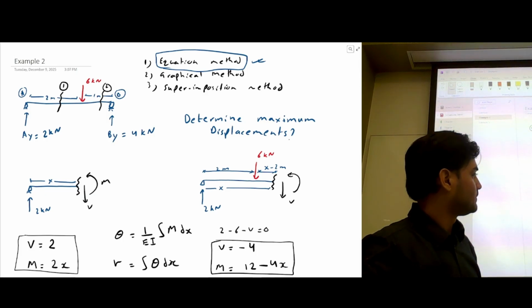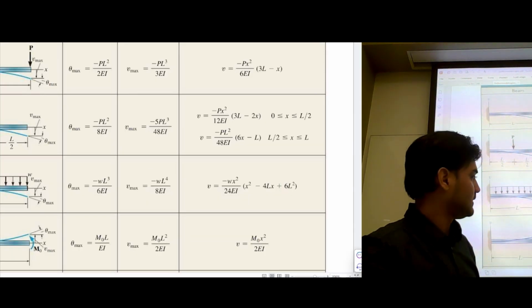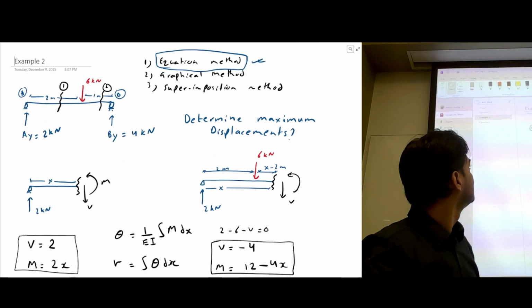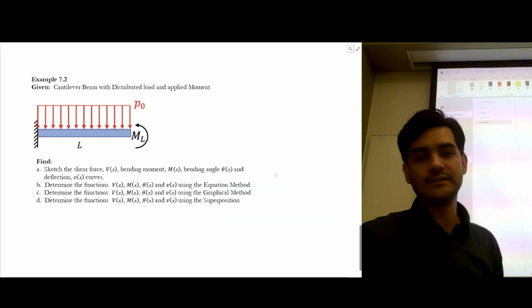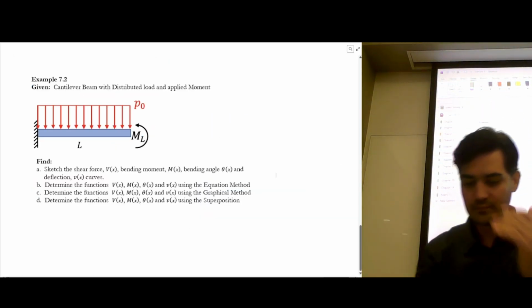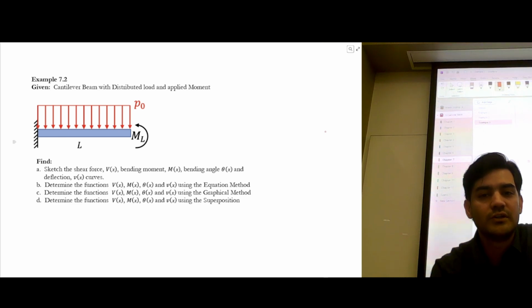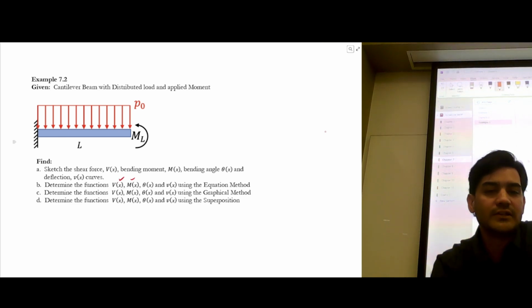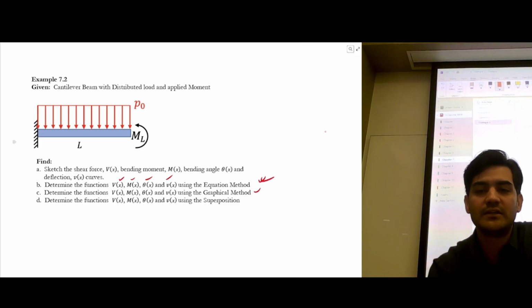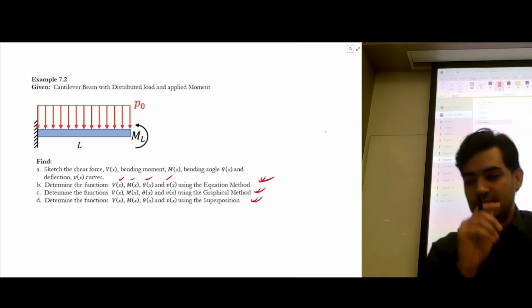So let's start working on this example. This says we have to calculate equations for shear force, bending moment, bending angle, and the displacement using equation method, graphical method, and superposition method.